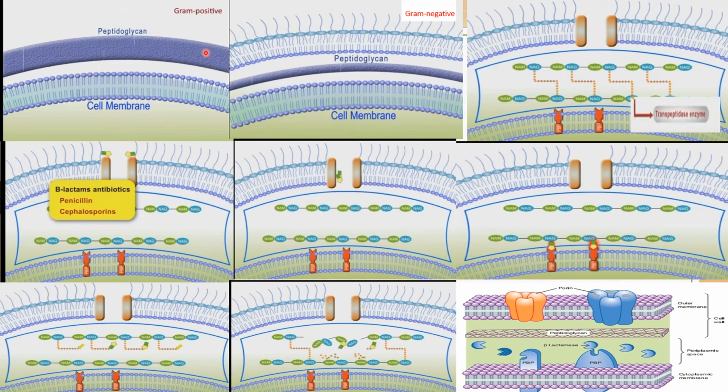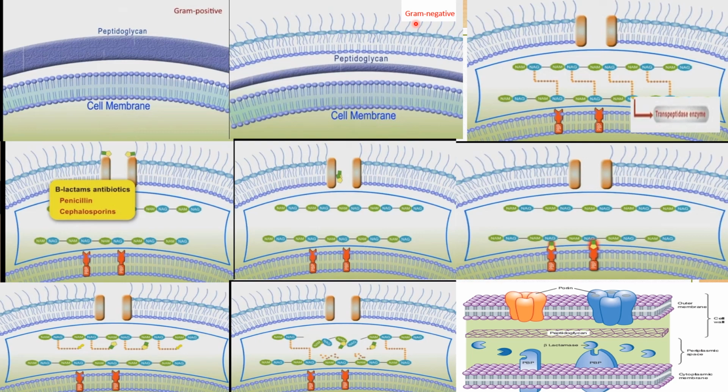Peptidoglycan is a polymer that is made up of polysaccharides and amino acids. As the name shows, in peptidoglycan, glycan means sugars and peptido means amino acid. So it is a polymer made up of polysaccharides and amino acids.